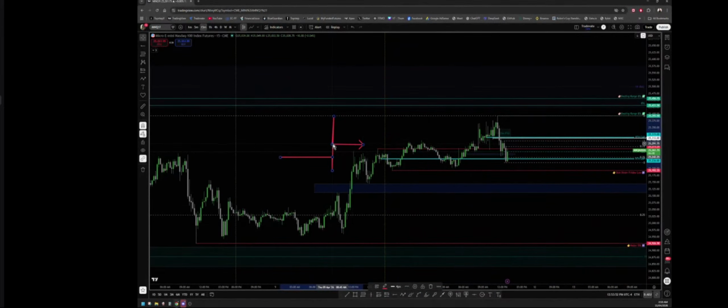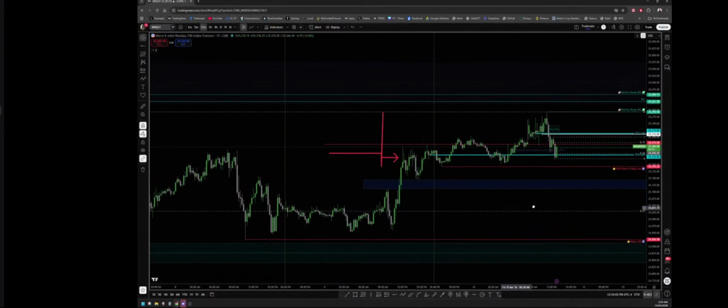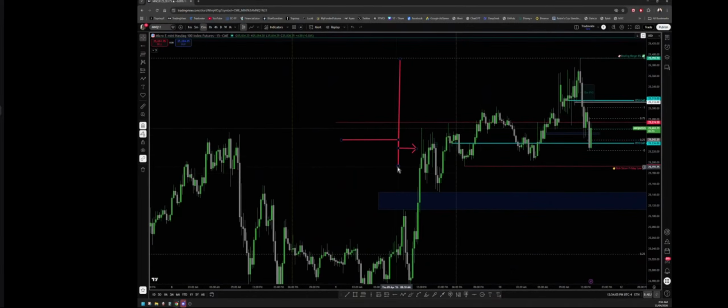You got it? And if it's closing, let's say, red or a very small candle like this below the previous day high, below this level, then that's a must. If it's closing a small red candle, then it's even better. It's a must.